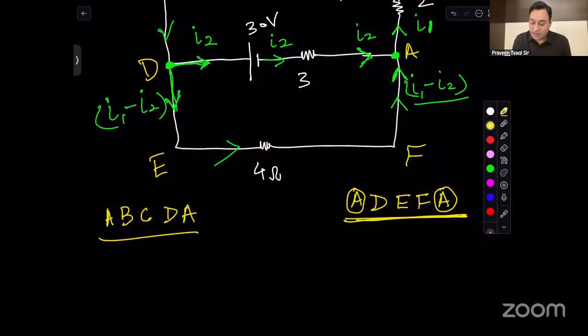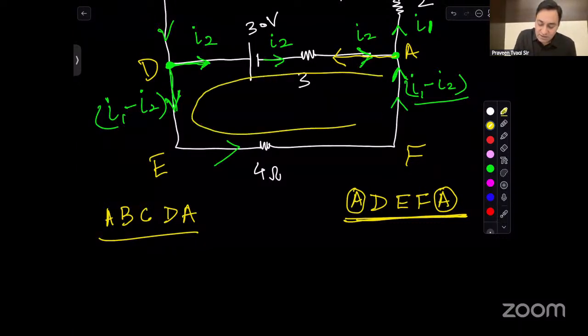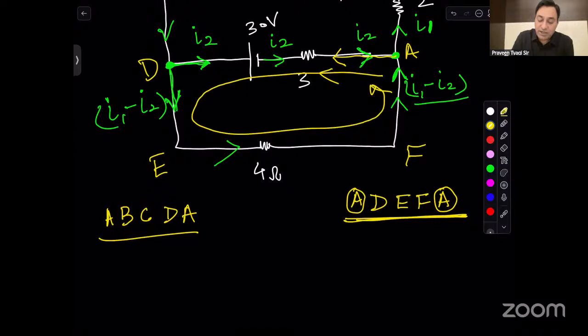Now, we are starting from A, moving towards D. So this is our journey. Now, current is moving. We are moving in the direction which is opposite to the current. Current is moving towards right. We are in the loop. When we are going in this loop, we are moving like this. Our direction of motion is this. So am I moving opposite to the direction of current?